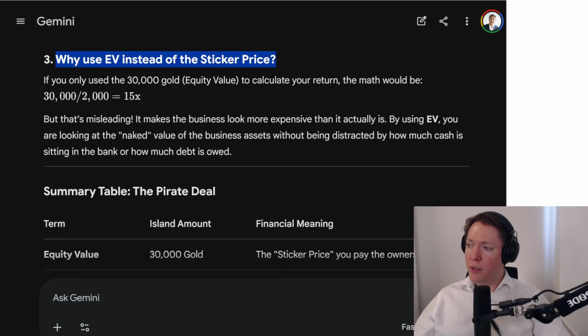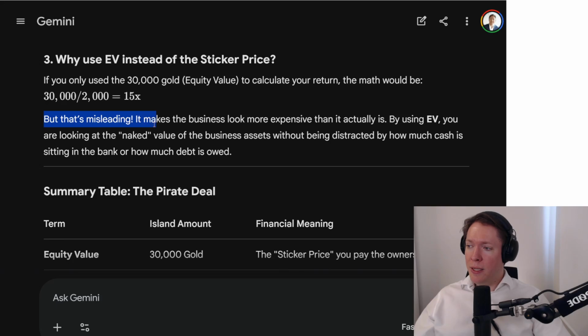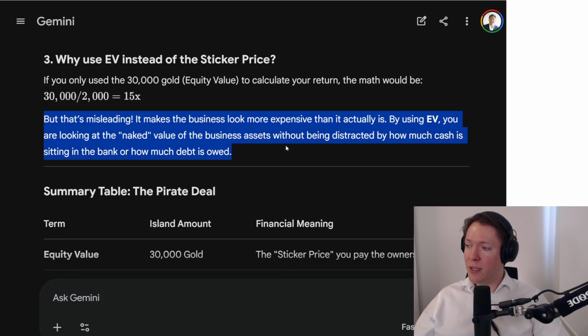Okay, so if you only use the 30,000 gold to calculate your return, the math would be like this: 15x, not 10x. But that's misleading. It makes the business look more expensive than it actually is. By using enterprise value, you are looking at the naked value of the business assets without being distracted by how much cash is sitting in the bank or how much debt is owed.